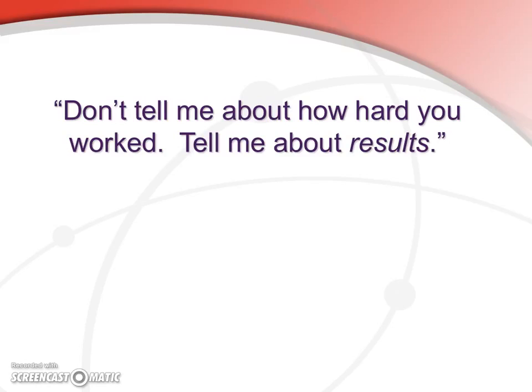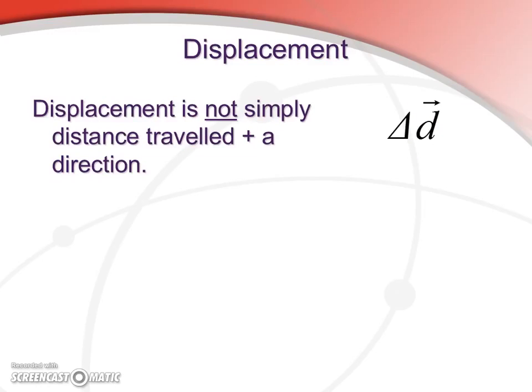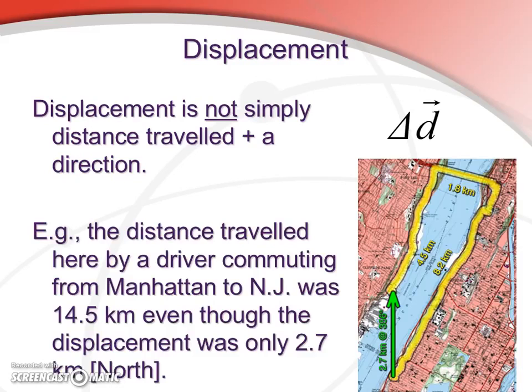I'm not interested in what you did. Talk to me about what you've accomplished. Talk to me about results. And these quantities have a lot in common with that. So if we want to talk about displacement, it's not simply the distance we travel plus a direction. It's simpler than that in many ways.